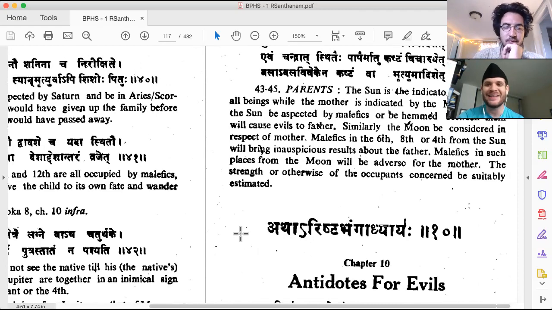So we have to conclude three possibilities: A, he's referring to planetary aspects only; B, he's referring to Rashi aspects only; or C, he's referring to both Rashi and planetary aspects.